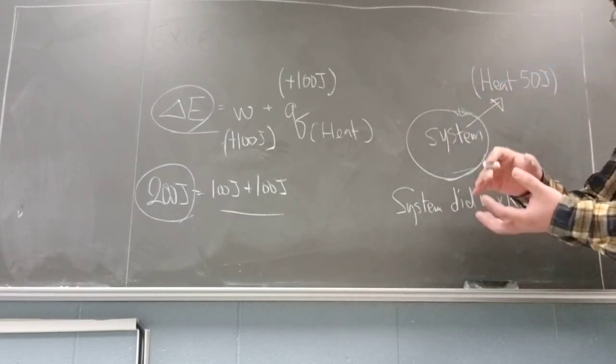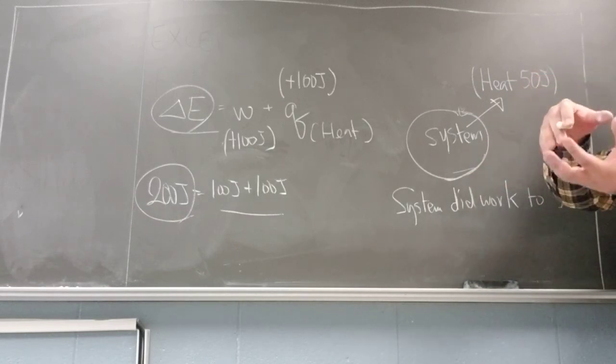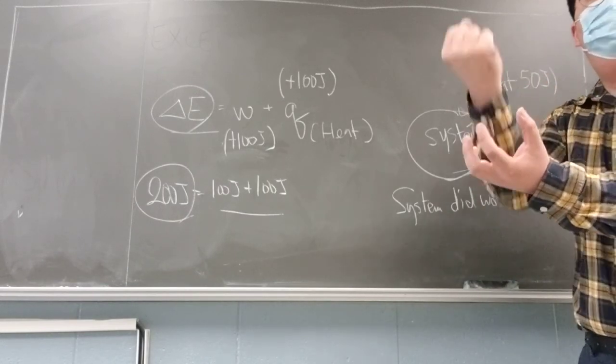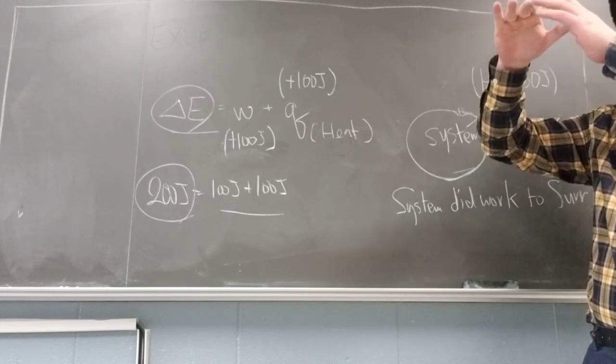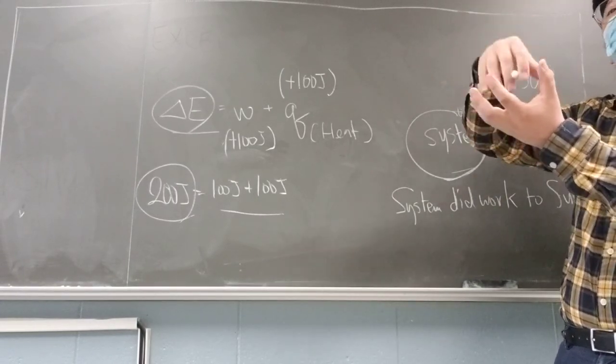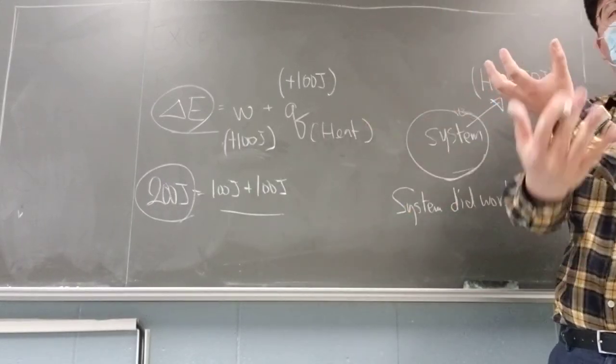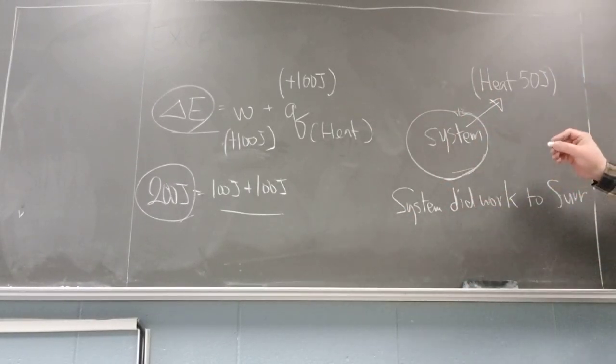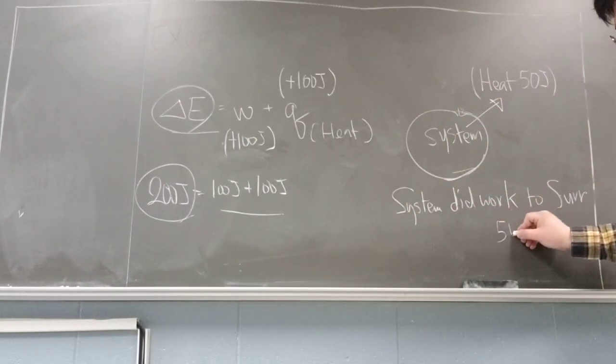So for example, if you have a gas cylinder and the system tries to push the cylinder, that means it's outside of their system. So they're doing work to the outside, to the surroundings. In this case, also maybe it's 50 joules.